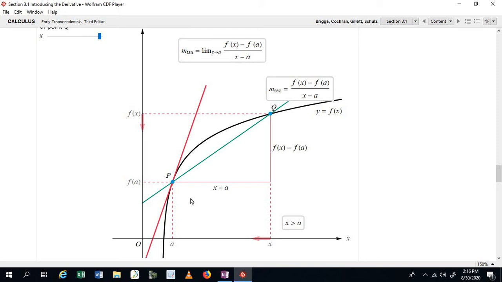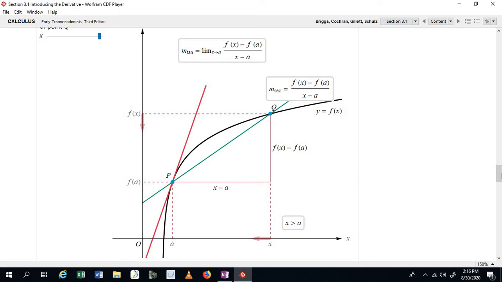What we're going to do is we're going to look at the slopes of these secant lines between these 2 points. As x approaches A, we're going to try to determine what the slopes of those secant lines are approaching. And whatever number they're approaching will be the instantaneous rate of change in the function right when we're at this point A.